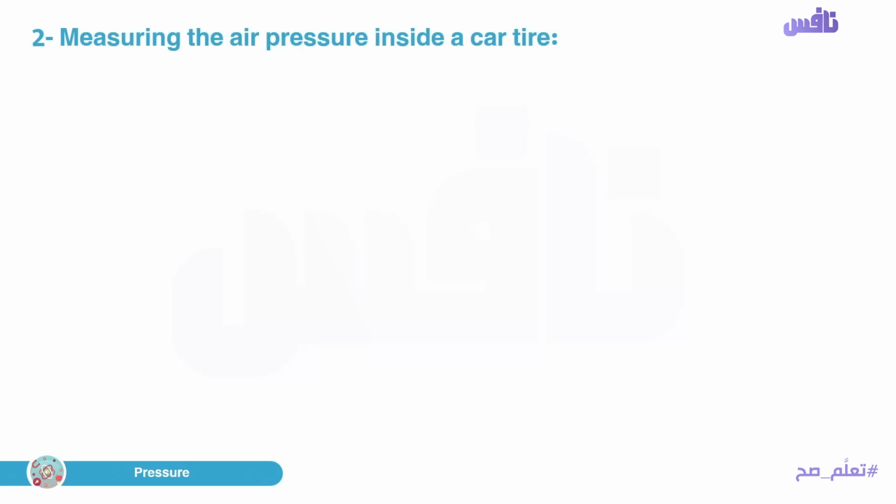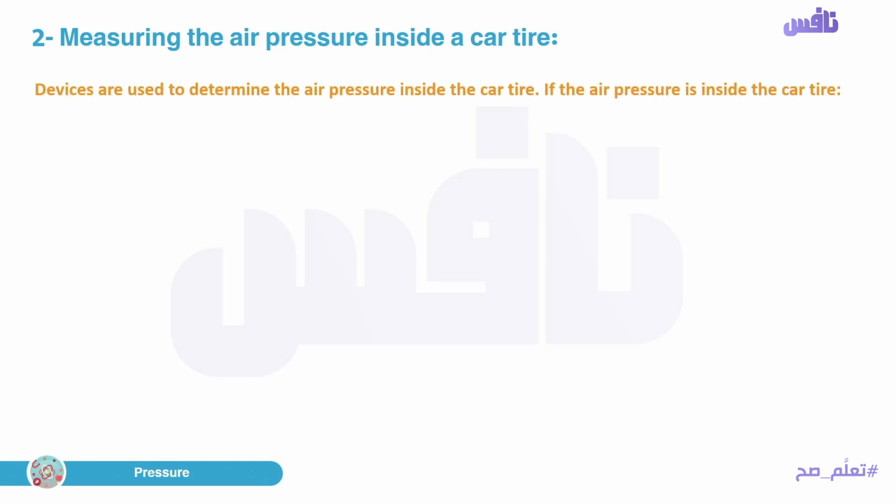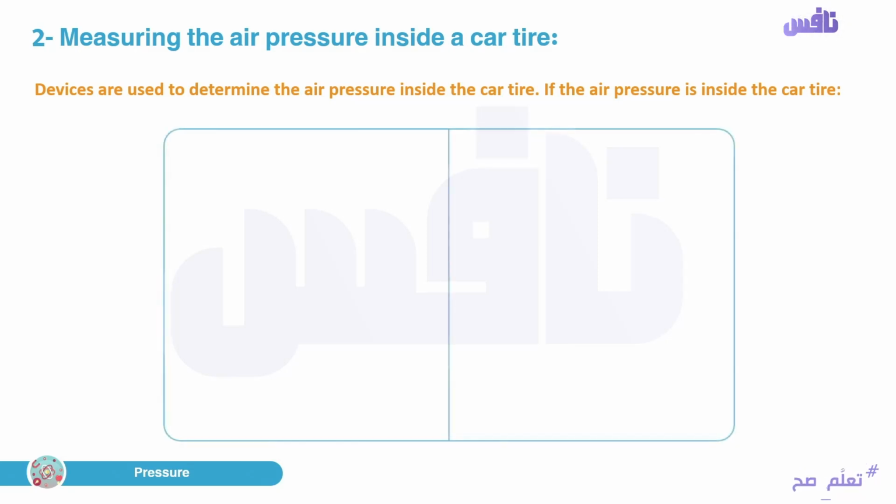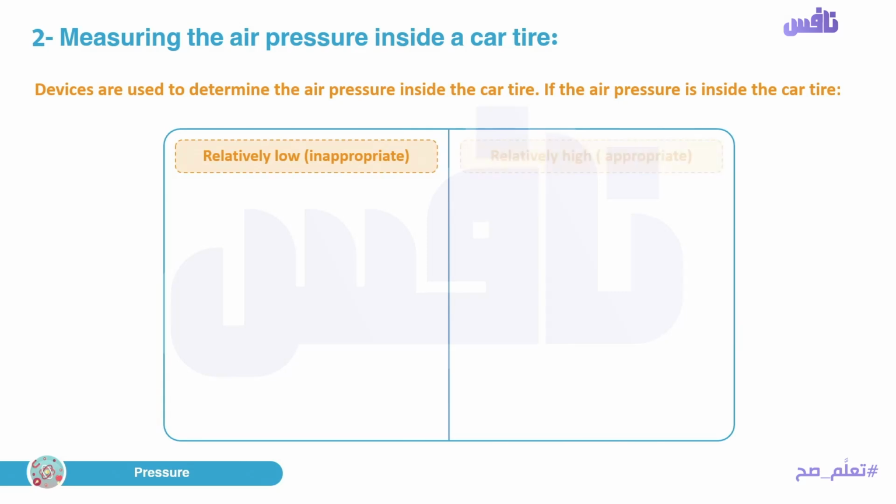The last thing we have, friends, number 2, measuring the air pressure inside a car tire. Of course, this application exists in our normal life. Devices are used to determine the air pressure inside the car tire. If the air pressure inside the car tire is, number 1, relatively low, that is inappropriate.